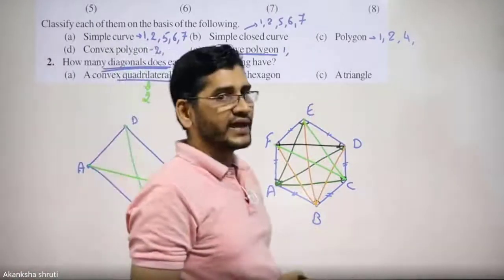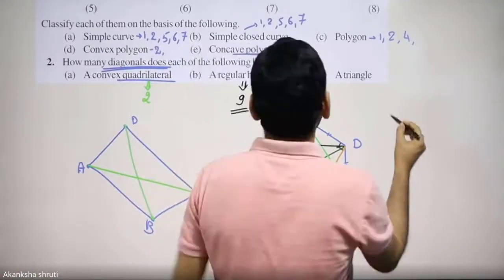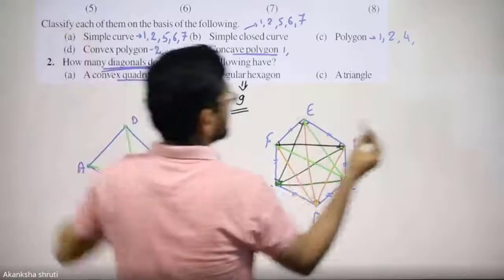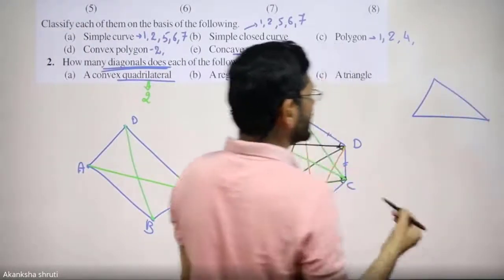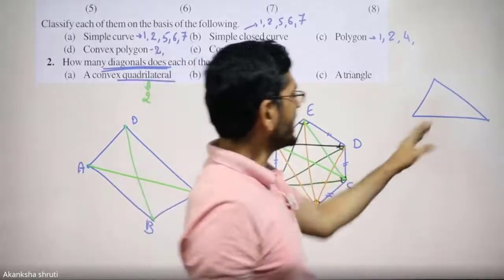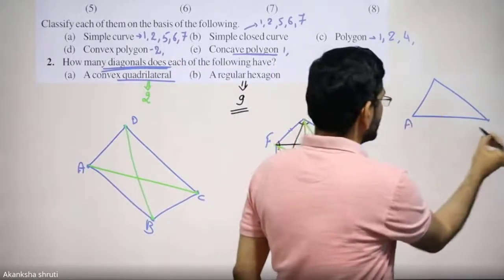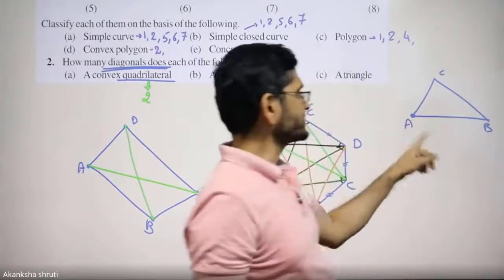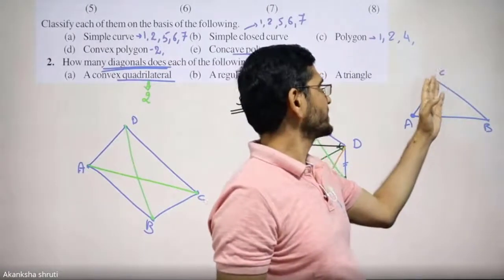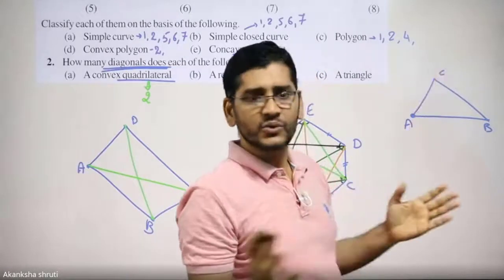Coming to the triangle. For a triangle, we do not have any diagonal. Students, if I consider a triangle with vertices A, B and C, every vertex is next to the others, so there is no diagonal.